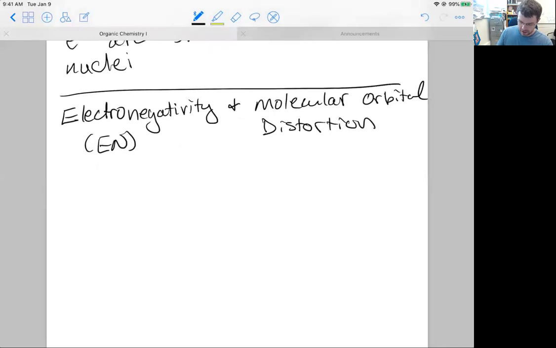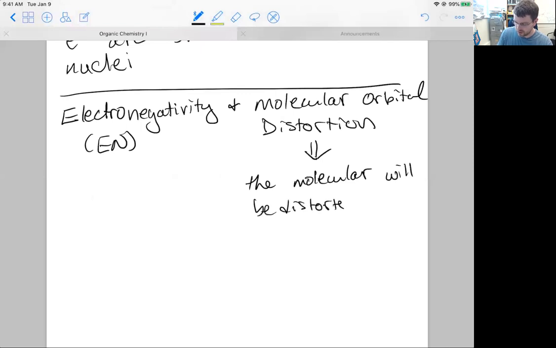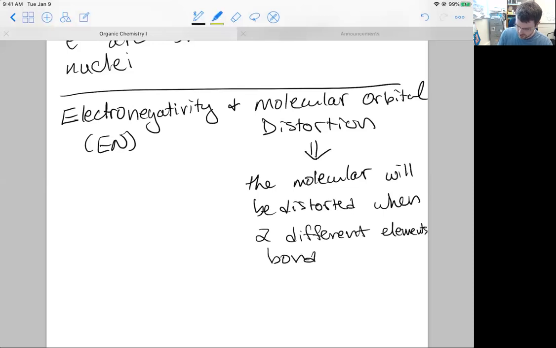So what happens here is that in molecular orbital distortion, we see that the molecular orbital will be distorted when two different elements bond. So here's the key thing: when two different elements bond.